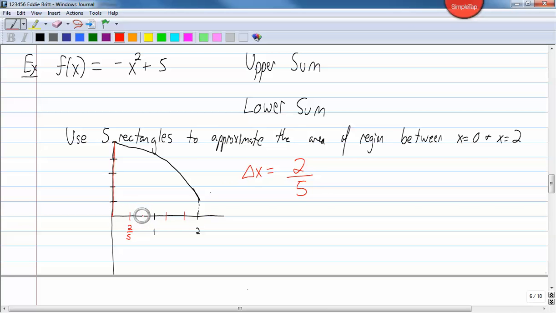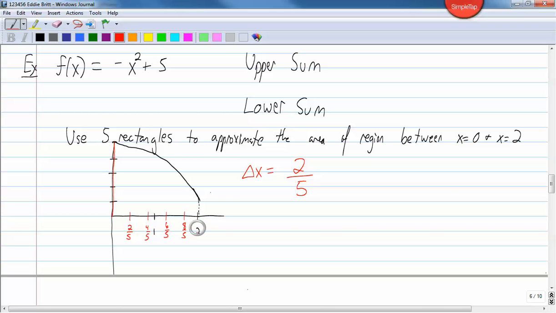Then the width here is 2/5, so 2/5 plus 2/5 is 4/5. The width here is 2/5, so 4/5 plus 2/5 is 6/5. 6/5 plus 2/5 is 8/5.